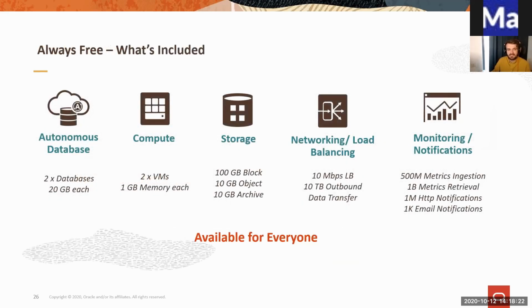Okay, so just a brief description of what is always free. Compared with other public cloud services, we are actually offering quite a lot. We have the autonomous database, 2 instances which can be deployed, compute, storage, and so on.